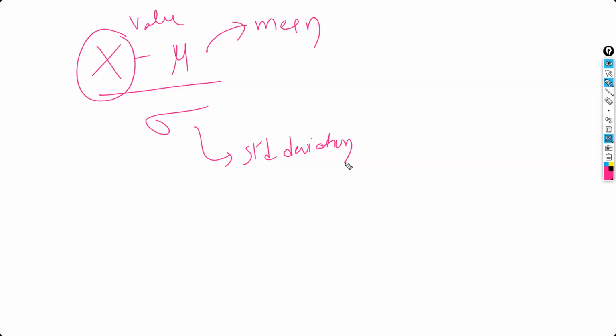Converting each and every value to the corresponding z-score is called z-score. Z-score is x minus mu divided by sigma.